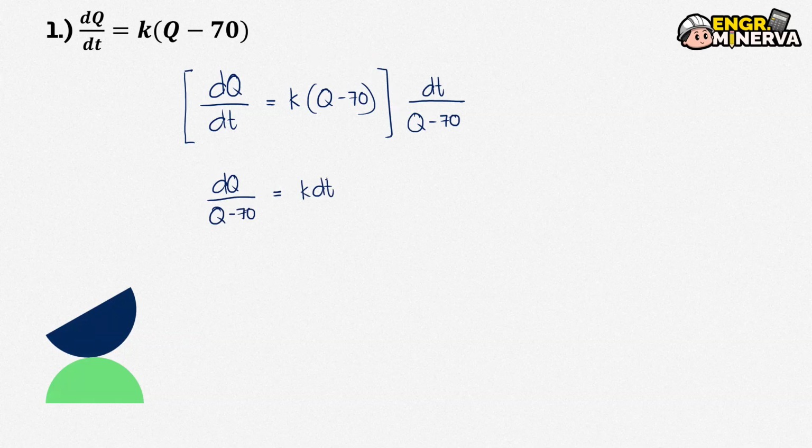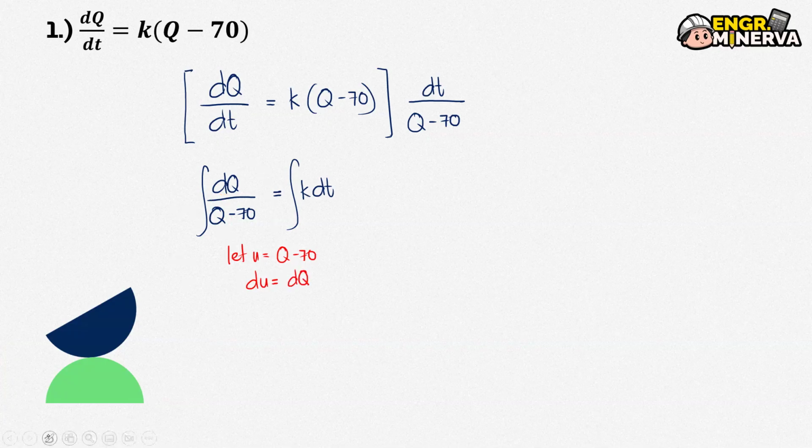At this point, we can say that the variables are in their respective differentials and we can integrate. For this first integration, if we let u equal q minus 70, then du is equal to dq.